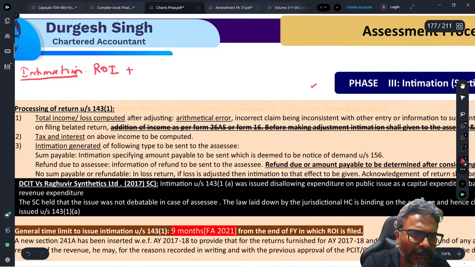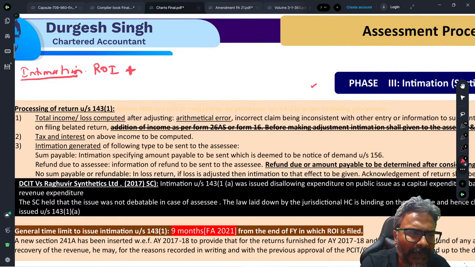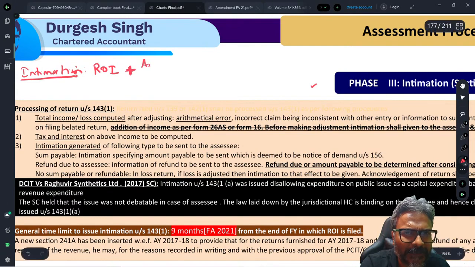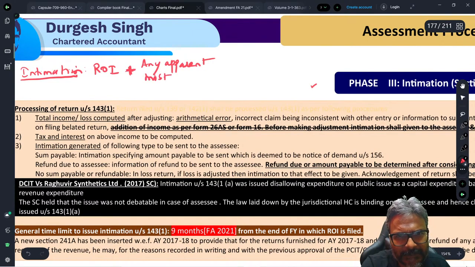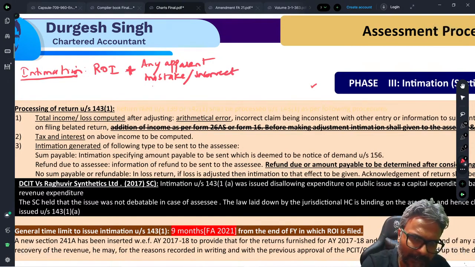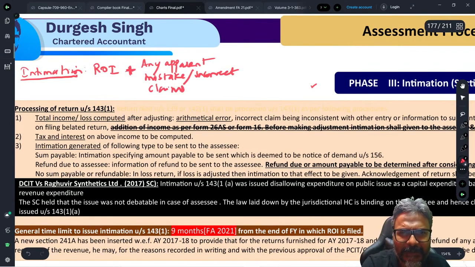Now on the basis of the ROI you are sending the intimation, and if there is any apparent mistake or incorrect claims in this particular ROI, can that be rectified?